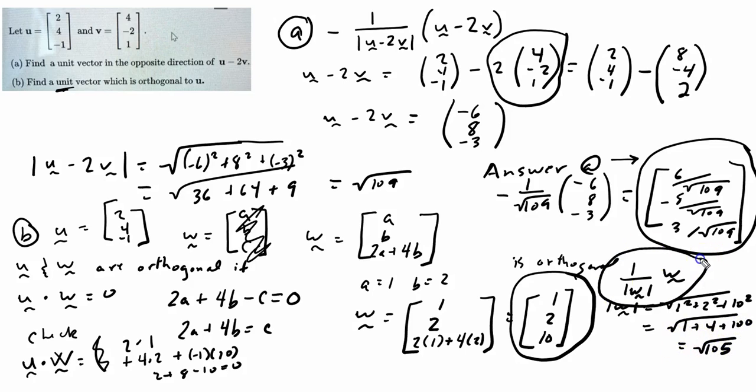So the vector that we want is going to be 1 over the square root of 105 times this vector. And I'm just going to multiply each coordinate in there by 1 over square root of 105.